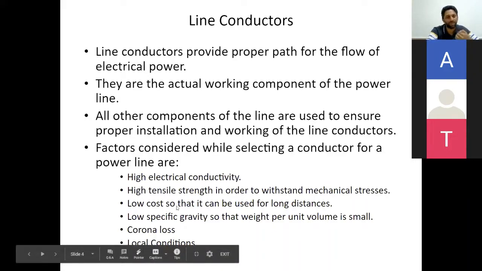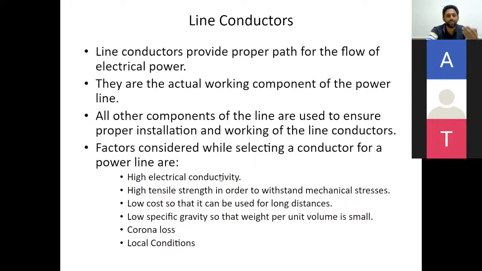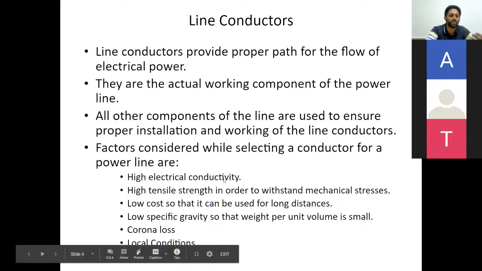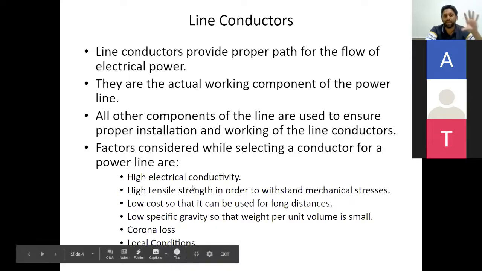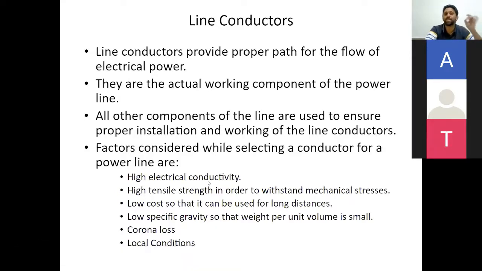You have to consider cost and conductivity, so you need a low cost, high conductivity material. Not only cost and conductivity, the next thing is mechanical strength, tensile strength. It must be strong, otherwise when you make the tower and line, it will break. So there must be 3 main things: conductivity, mechanical strength, and low cost.